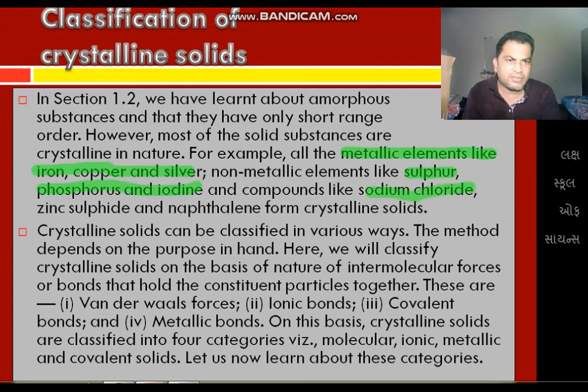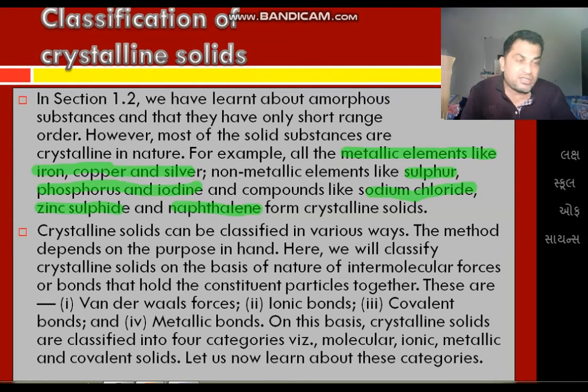Compounds like sodium chloride, zinc sulfide and naphthalene form crystalline solids. Crystalline solids can be classified in various ways. The method depends on the purpose in hand. Here we will classify crystalline solids on the basis of the nature of intermolecular forces or bonds that hold the constituent particles together.